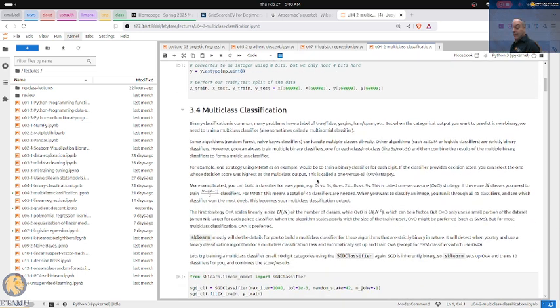So the basic difficulty is that, again, for many types of classification problems, it's not always just going to be a binary classification problem. So often we have the case where we want to predict something where we have multiple classes in the thing that we want to predict. So we have to do something, and some of the methods that we've talked about don't really support that natively.